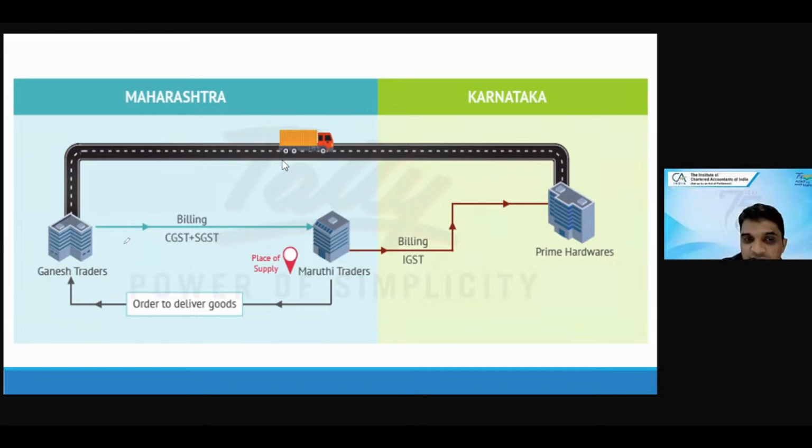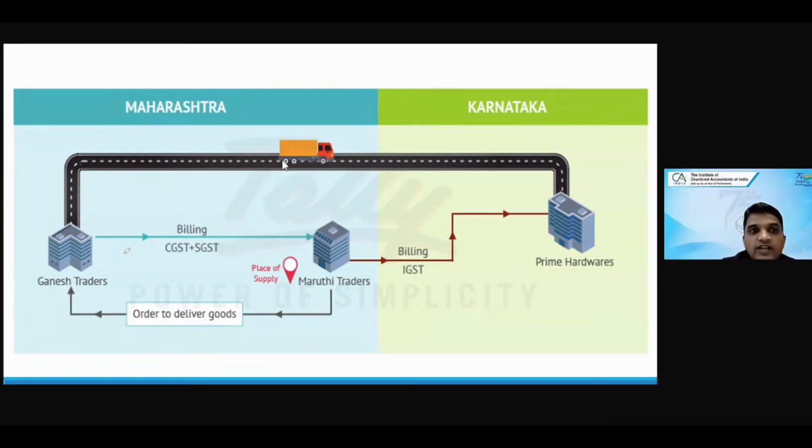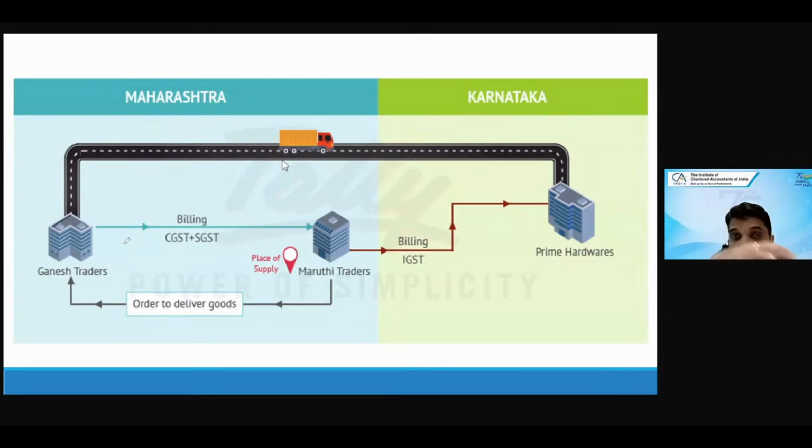Maruti Traders is in the same state, so it's a transaction of intra-state supply. Even though the goods will get delivered to Karnataka, the place of delivery will not be relevant in case of a bill to ship to transaction. The location of delivery is not important. The person to whom you are billing, that is important.